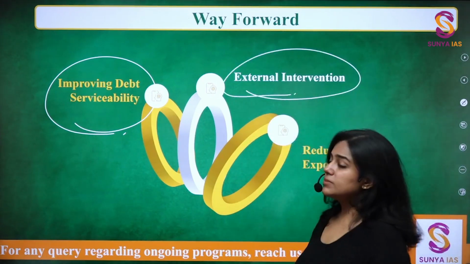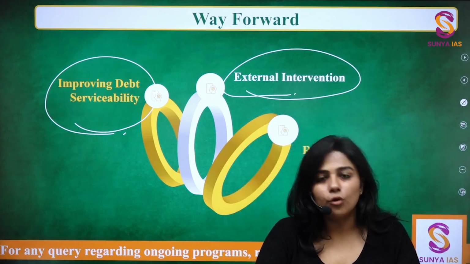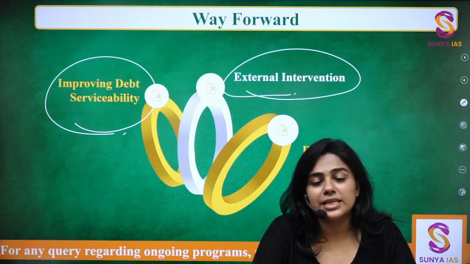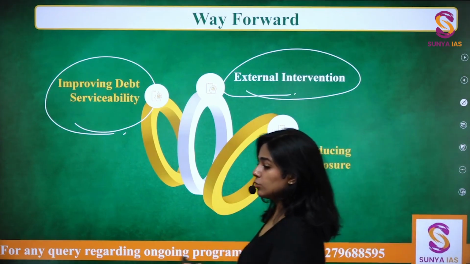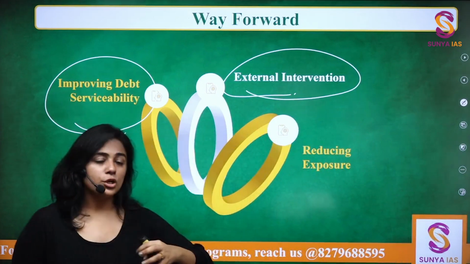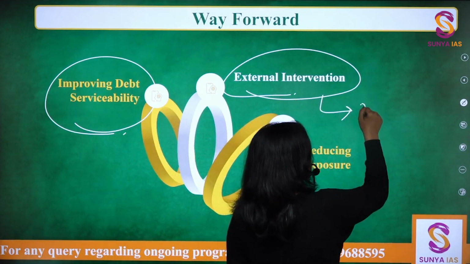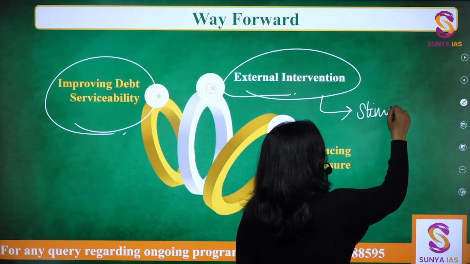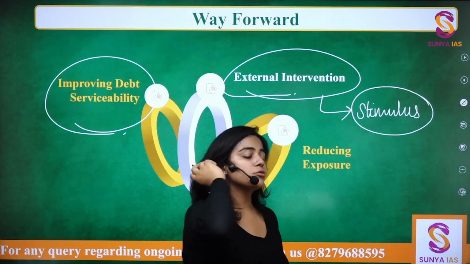Then sometimes external intervention is also important. So when, as I said, the companies are going out, the investors are going out, you need to have some sort of stimulus that you give, like the Pradhan Mantri Garib Kalyan Yojana. You just give money.